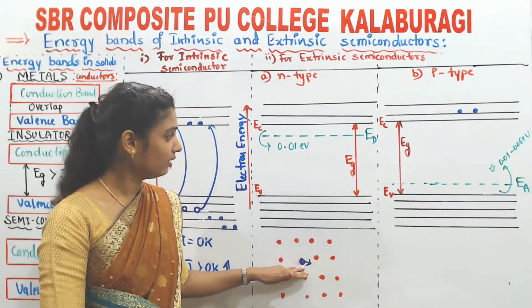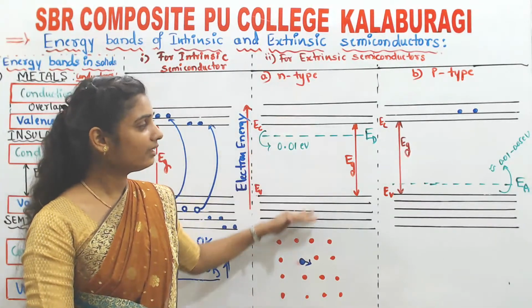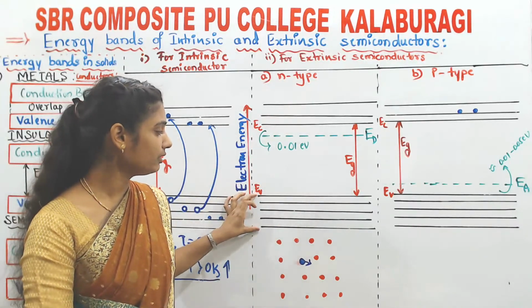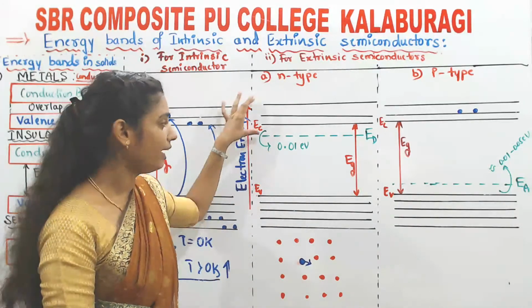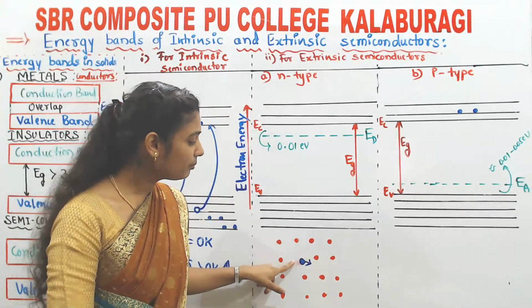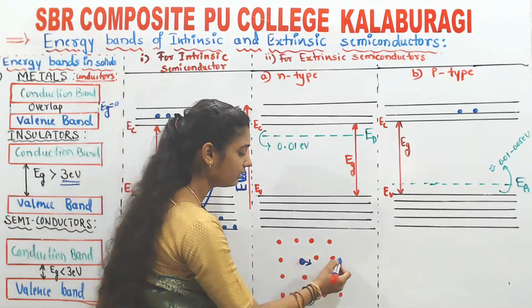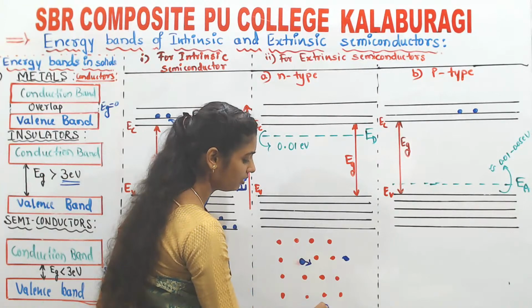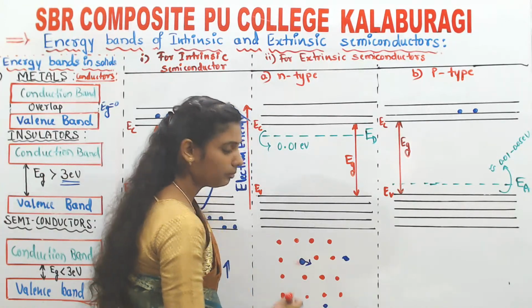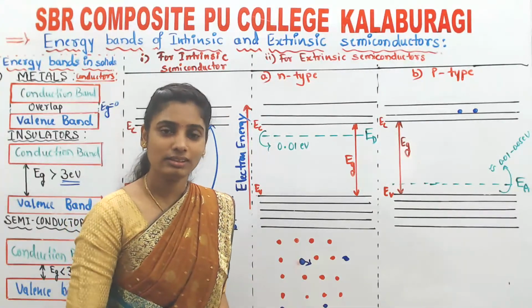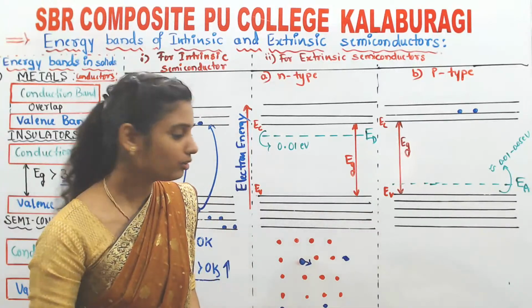In the energy band diagram, usually we were having a valence band and a conduction band. Due to the presence of extra atoms, it is not like it is doped with only one impurity atom. There will be many impurity atoms added to the crystal, not one atom.